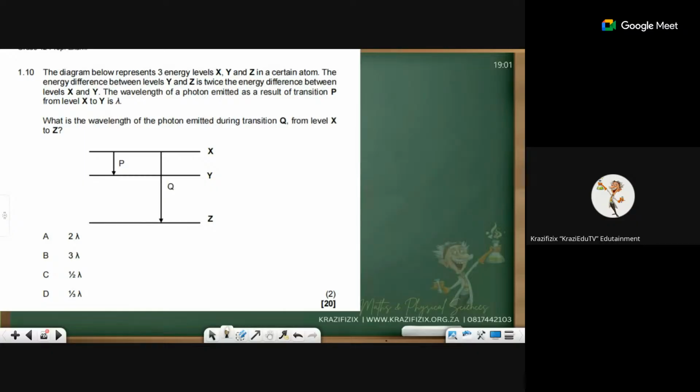Can I get an answer to this multiple choice? This is my own question.